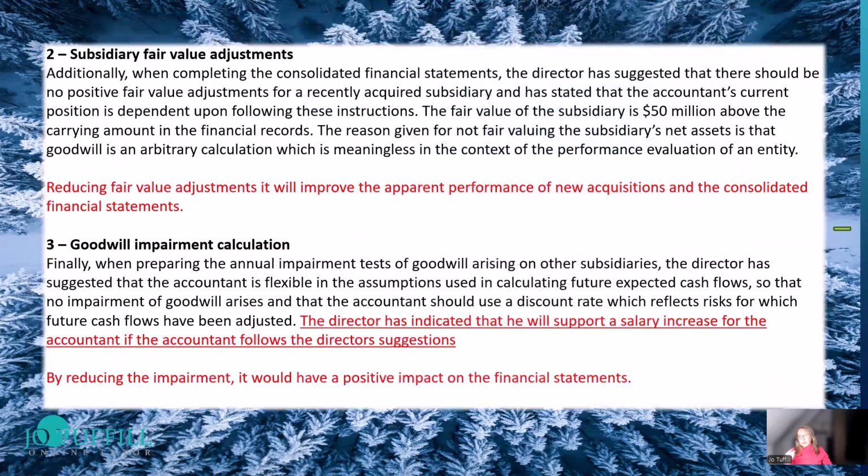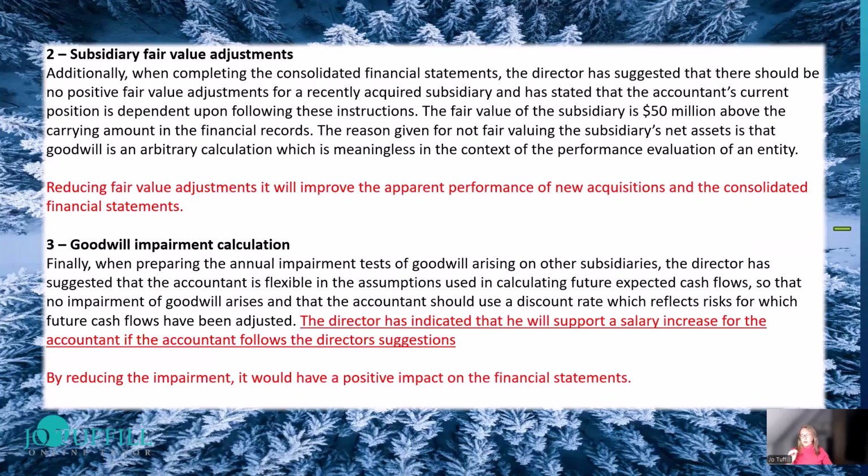So the other 2 issues, which I won't go through in detail, because we can look at the answer, which I'll send out with this tutorial. One was subsidiary fair value adjustments, and the other one was a goodwill impairment calculation. The issue here is they don't want to make any fair value adjustments when they're consolidating their subsidiaries.